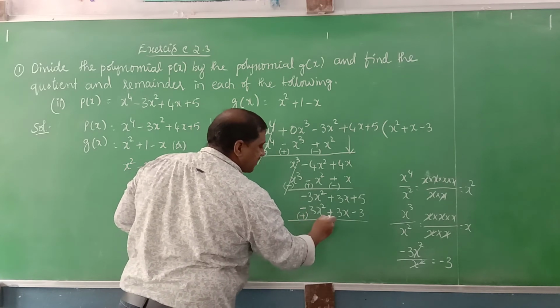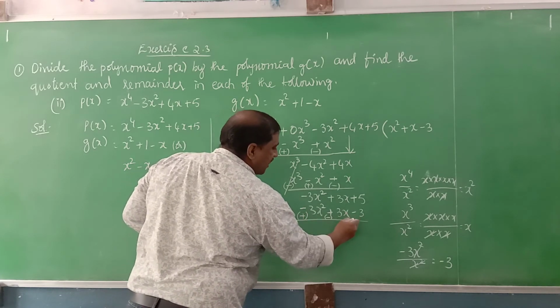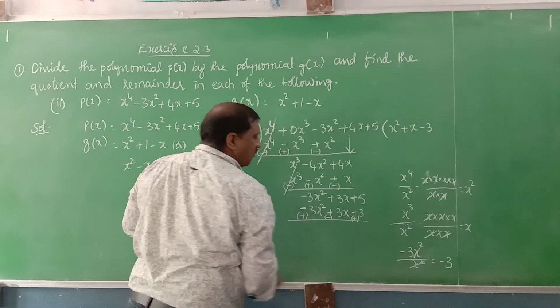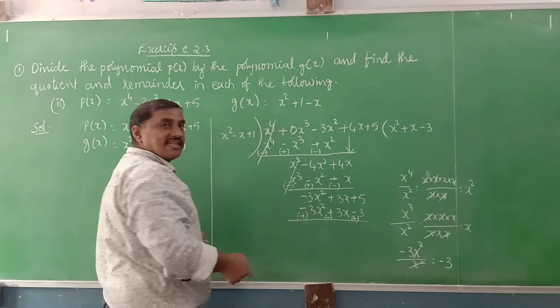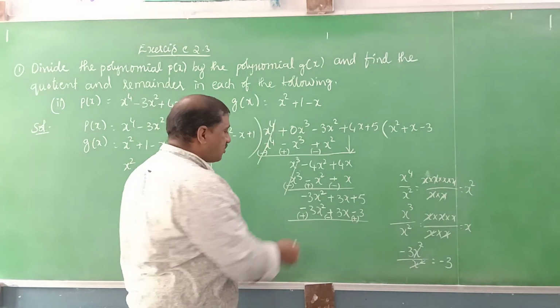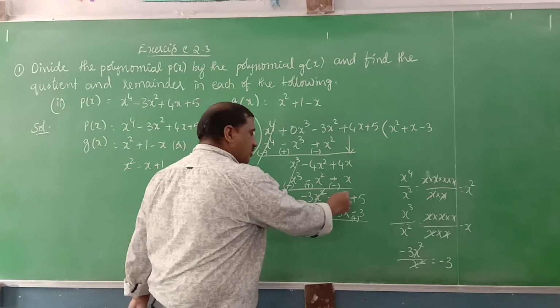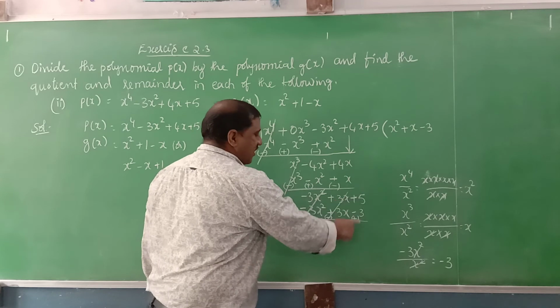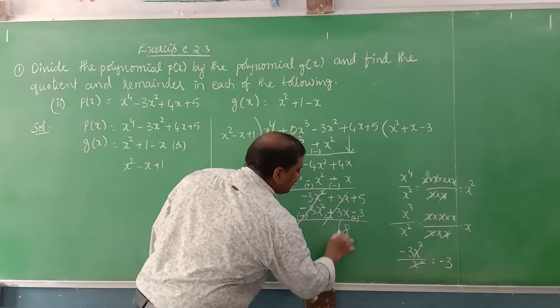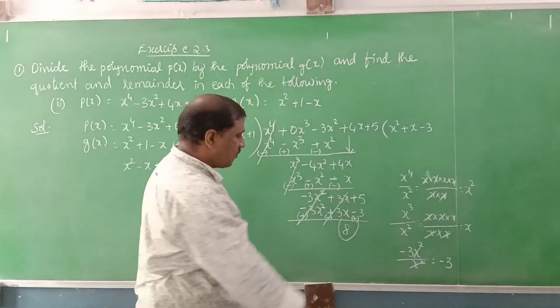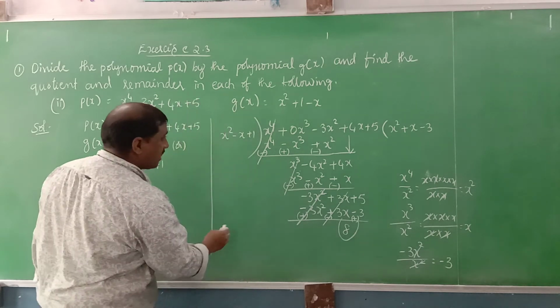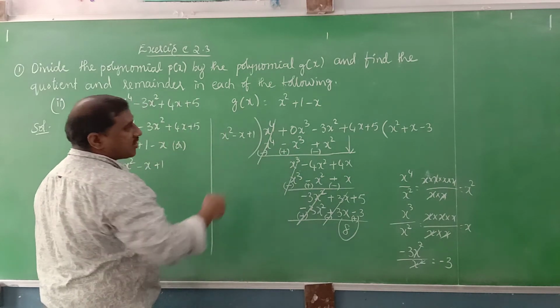Plus sign, you get minus. Minus sign, you get plus. Now minus 3x square plus 3x square both are cancelled, we get 0. Plus 3x minus 3x both are cancelled, we get 0. Plus 5 plus 3 is equal to 8. We get plus 8, which is the remainder.